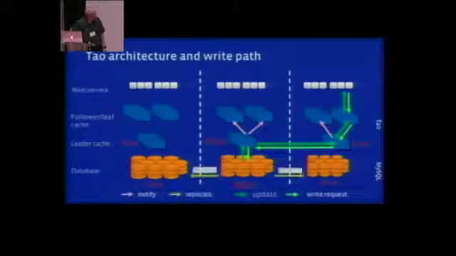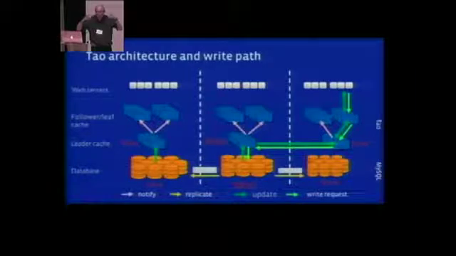So then I also say, okay, let me replicate the data to the slave databases. And once the data ends up on the slave database, I can update the slave cache, which then updates its leaf caches. And this is how the core of the social graph and the caching works.